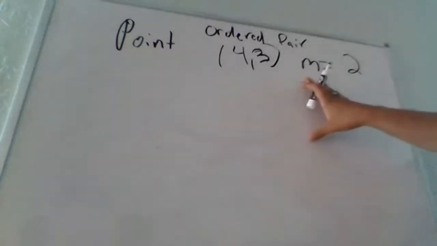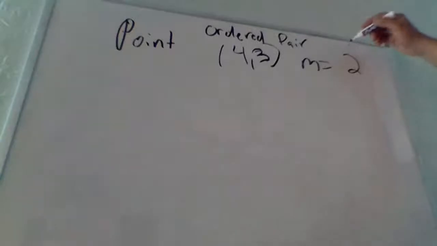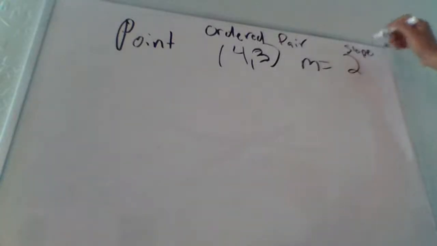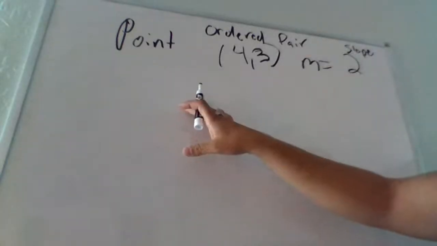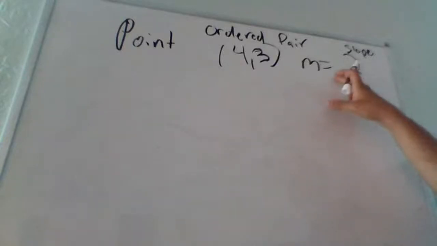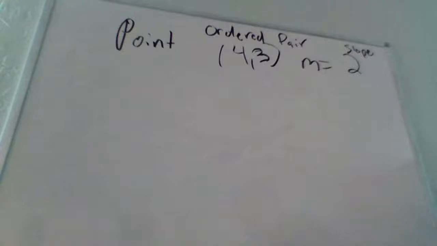Sorry, I'm trying to write sideways. This makes sense so far? This is our ordered pair. This is our slope. We're trying to find the slope-intercept formula, right? We're trying to find the formula that has a slope of 2 and passes through those points. Does that make sense so far?